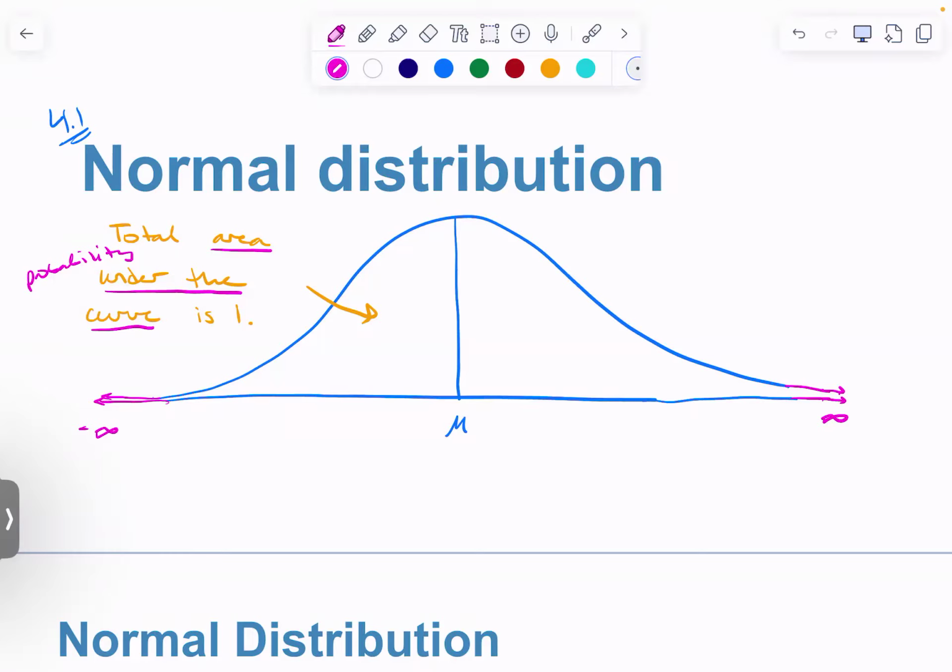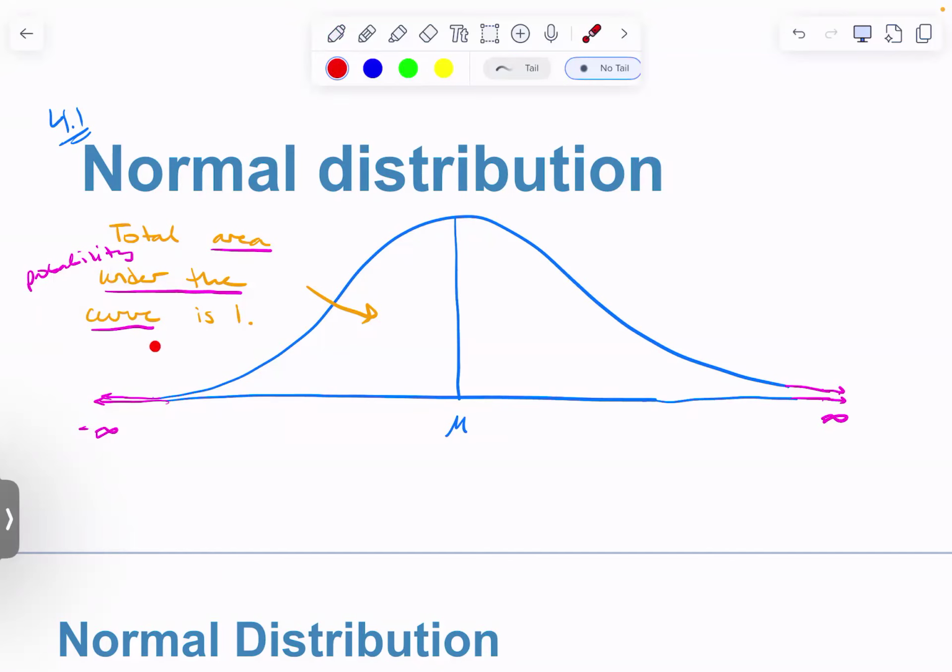Now we're going to parking lot that table just for a little bit. It's called the Z table. And we'll introduce it later today, but we need to learn more about the normal distribution before we can do that. So, a couple of facts.